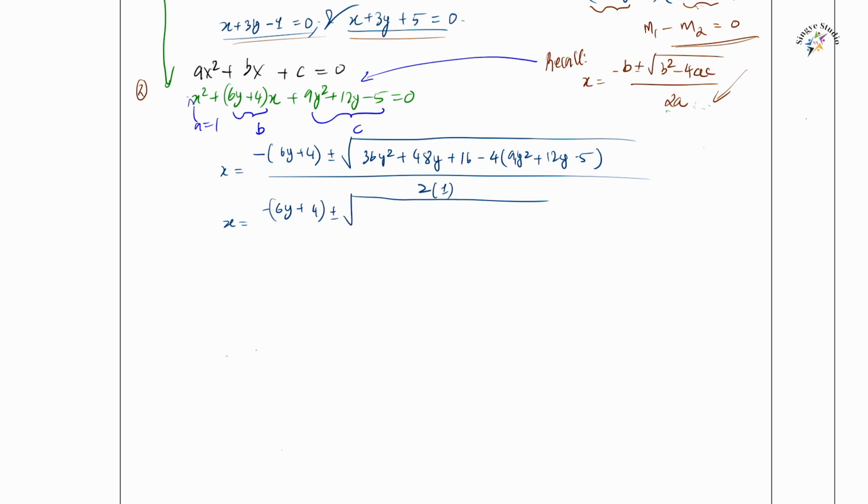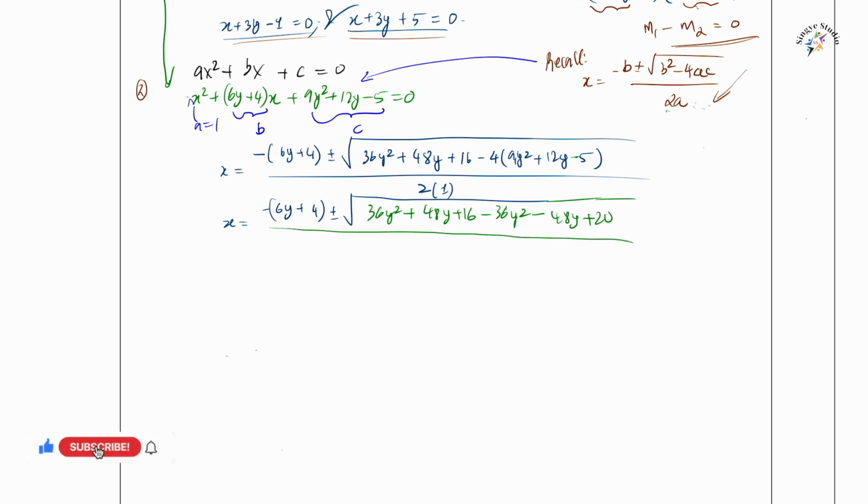Now see here, it is just 36y squared plus 48y plus 16 minus 9 times 4 is 36y squared, negative 4 times 12 is 48y, here it is negative, so we have positive 4 times 5 is 20, like this, and this whole is divided by 2.